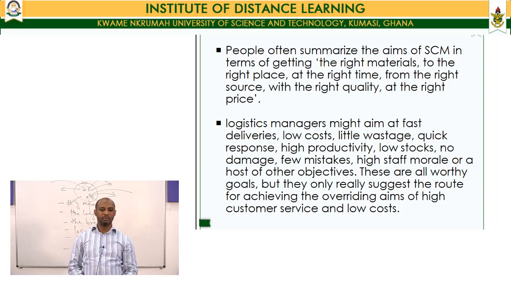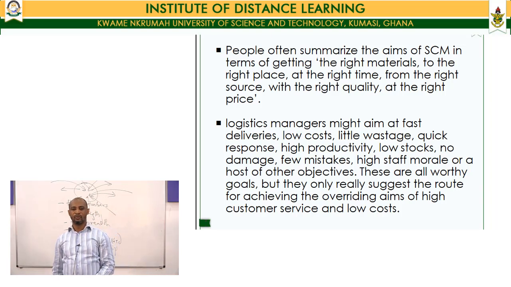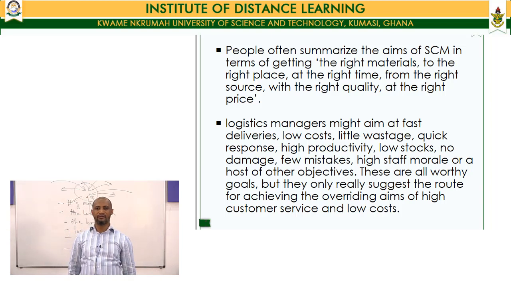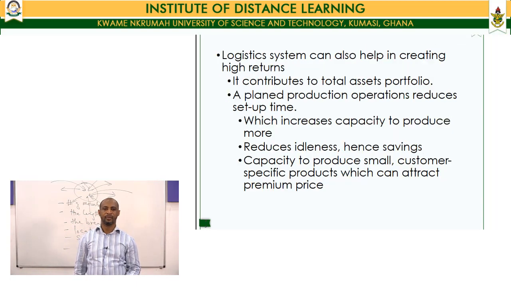So, it is important to know that the route for achieving an overriding aim of high customer service and low cost is what? Staff morale. Joke with your staff, and all the things you want to achieve with your customers will not happen.